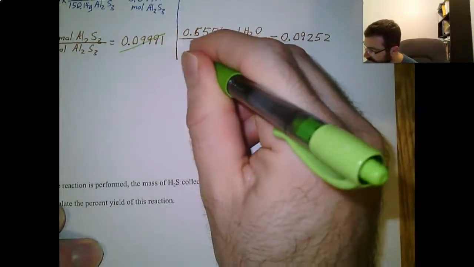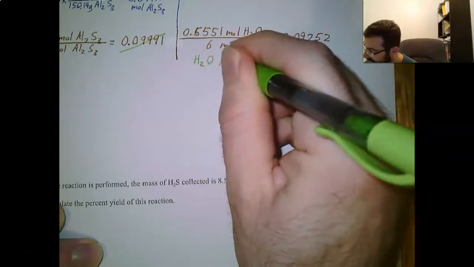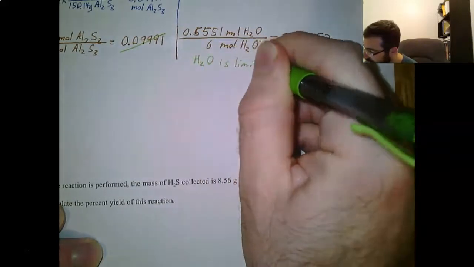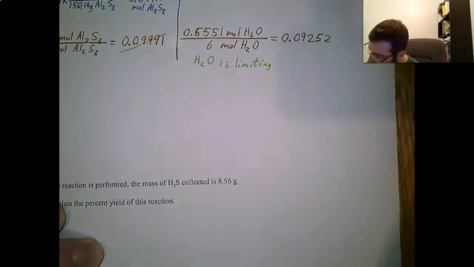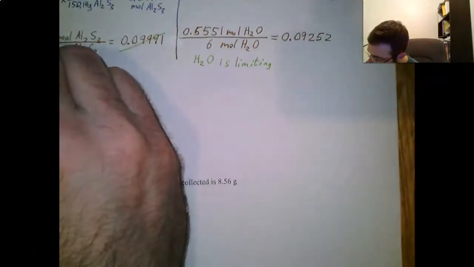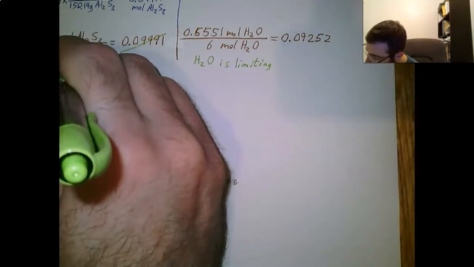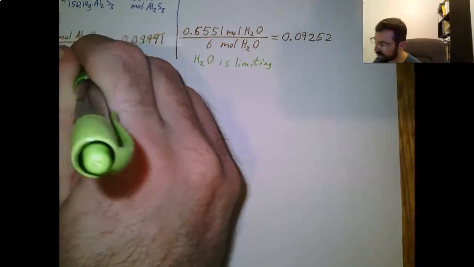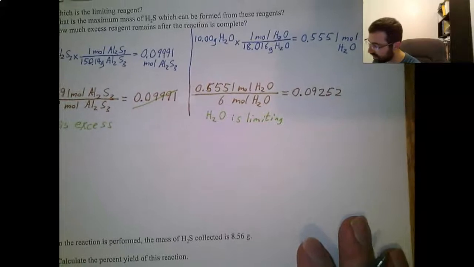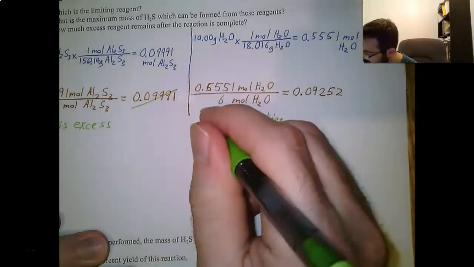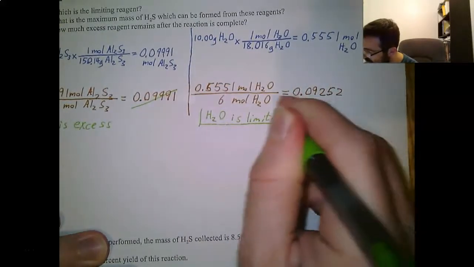H2O is limiting. And then Al2S3 is excess. One of the questions I was asked is which of them is the limiting reactant? Just figured that out. H2O is the limiting reactant.